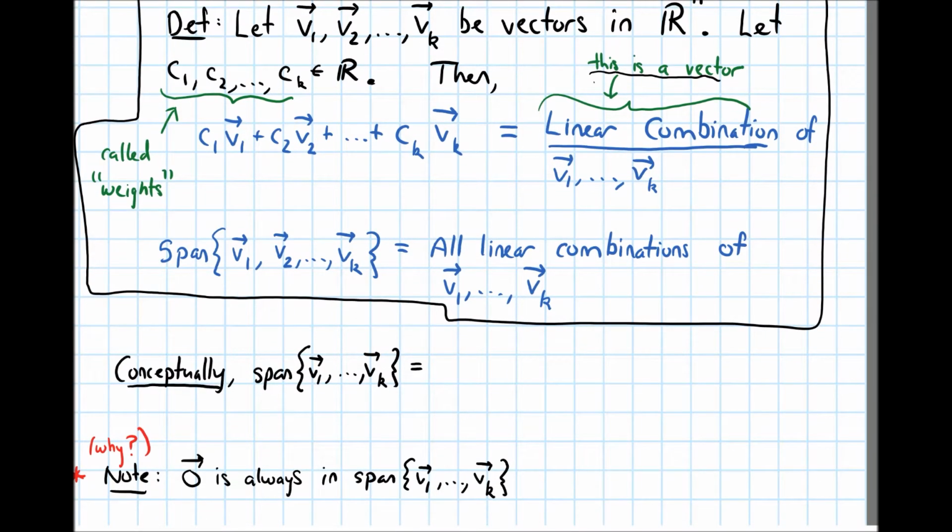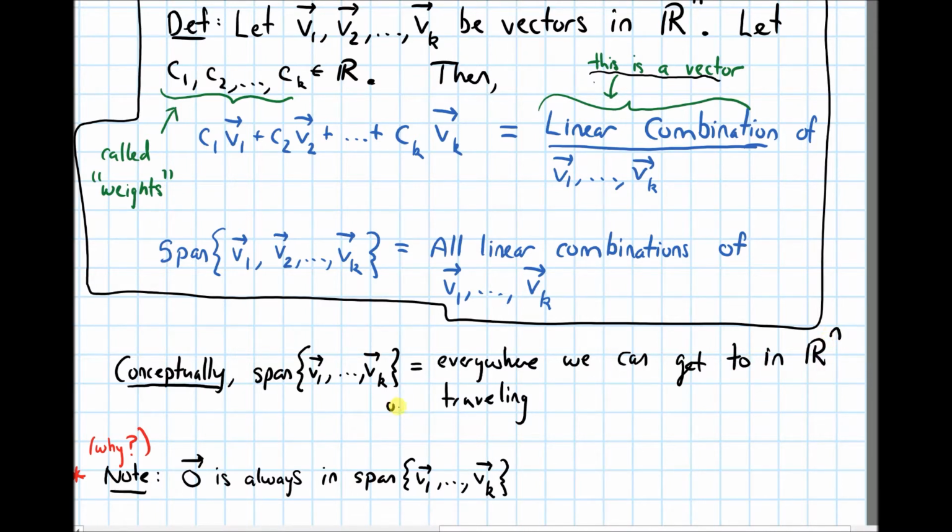So conceptually, when we write the span of v1 up until vk, when we talk about all these linear combinations, this conceptually represents everywhere we can get to in Rn by only traveling in the directions of these vectors, v1, dot, dot, dot, up until vk.